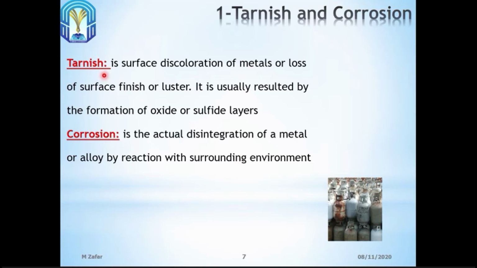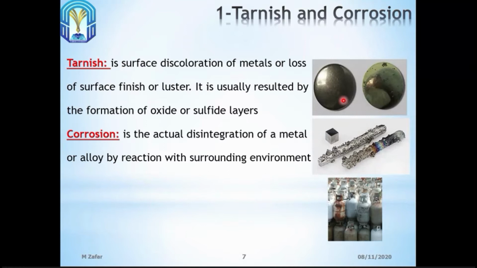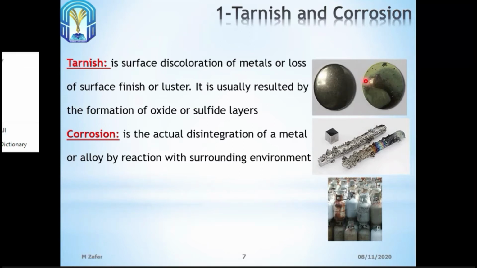So let me define: tarnish is surface discoloration of metals or loss of surface finish. So this is called simply tarnish. If you see here the example, this is normal metal and this is change of color. The change of color means the tarnish process has started and it is going to lead to corrosion very soon.